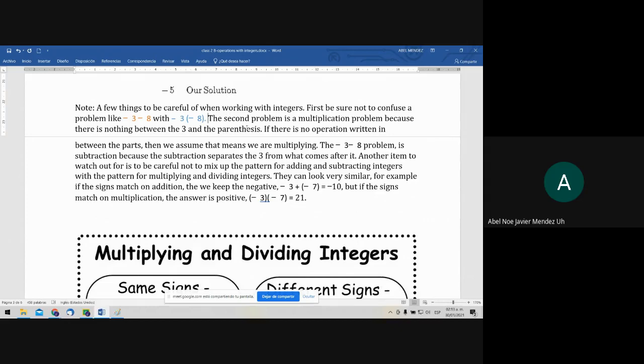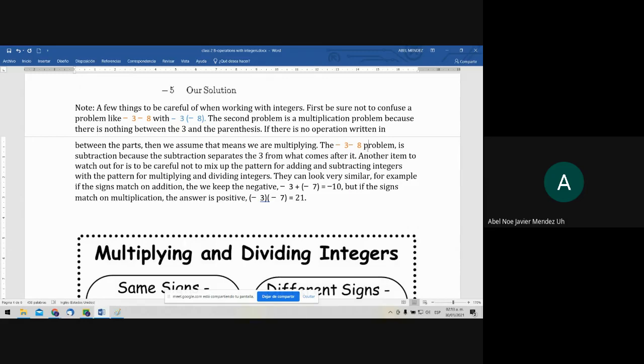The first operation, in this case -3 minus 8, in orange color, is a subtraction.